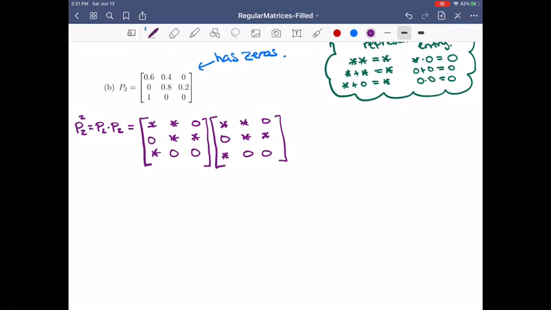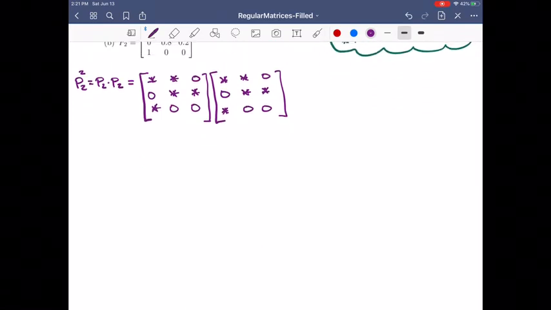When we do our multiplication, we're doing matrix multiplication, so I'm going to try to illustrate this. I would take this row and this column, and that's going to give me my first entry. I get a star times a star plus a star times a 0 plus a 0 times a star in my first entry.